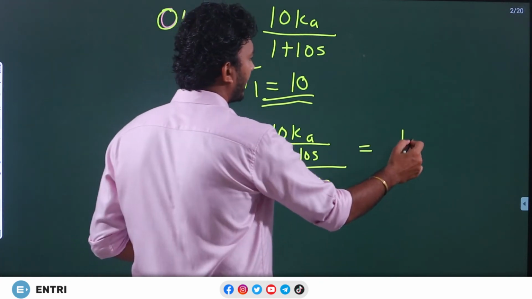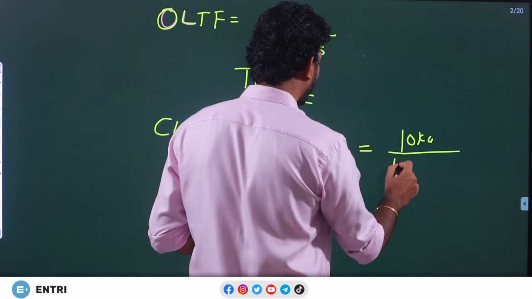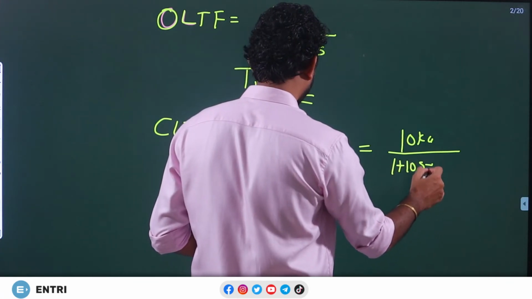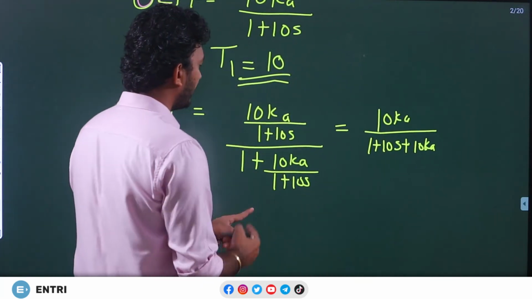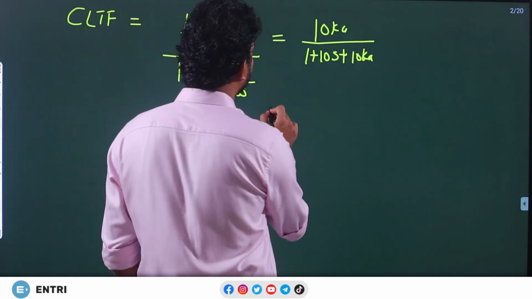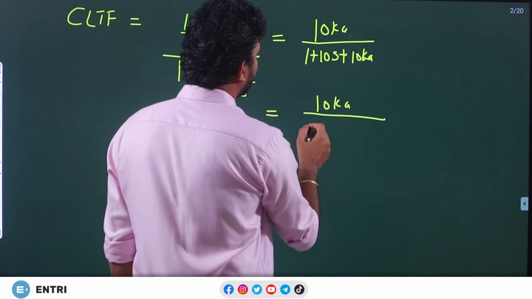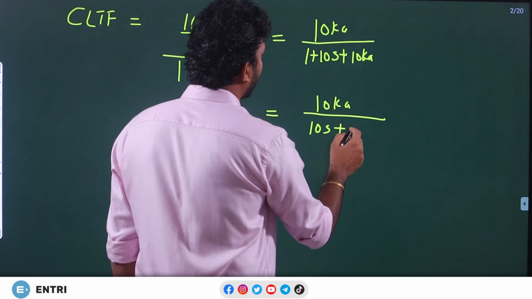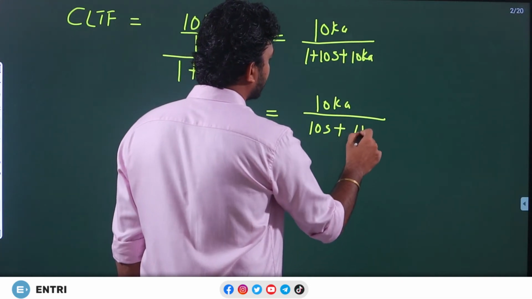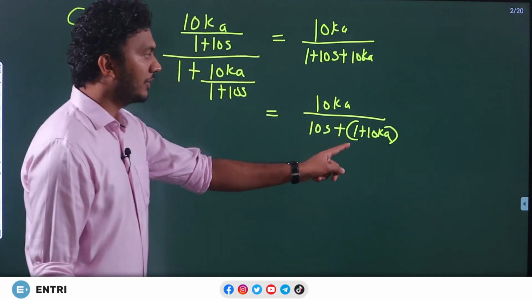So this is 10 Ka divided by 1 plus 10s plus 10 Ka. So I need 10 Ka divided by 10s plus 1 plus 10 Ka. Now we have to take the time constant of this system.